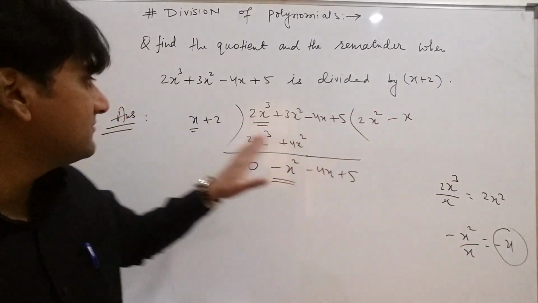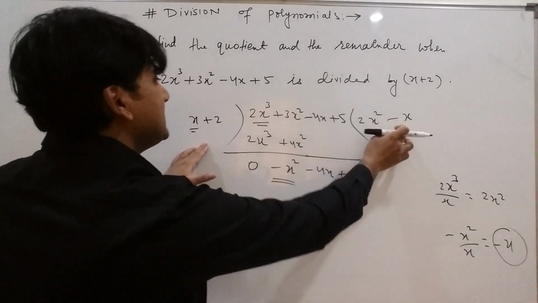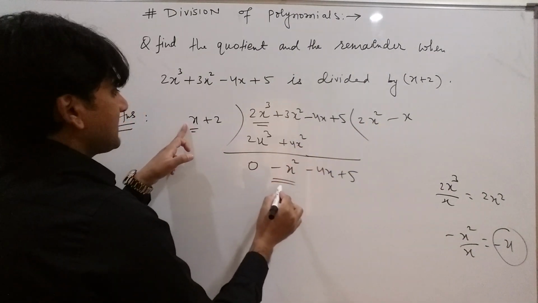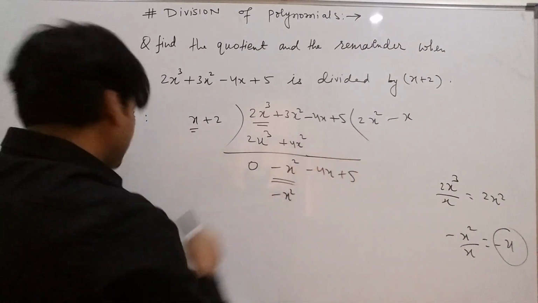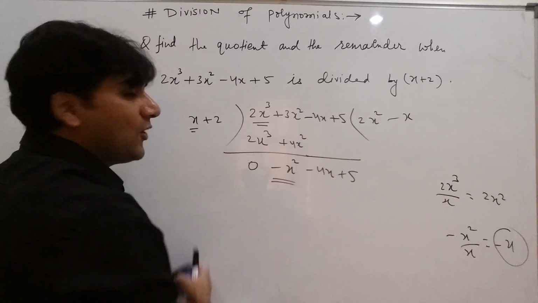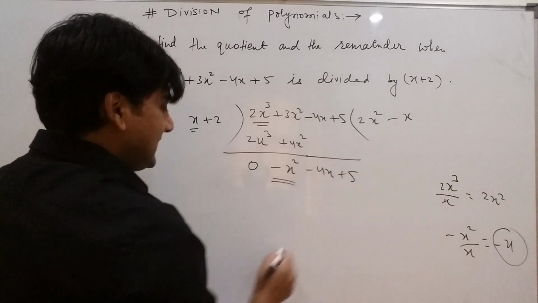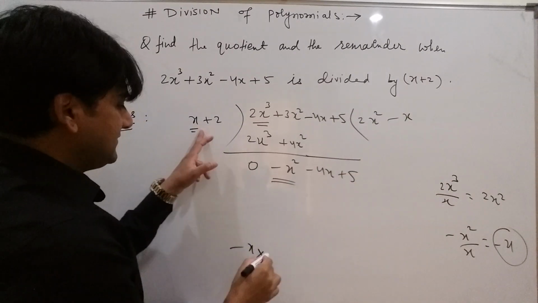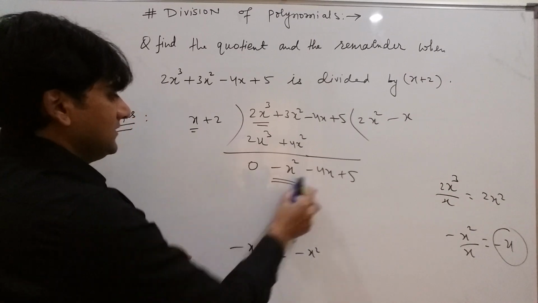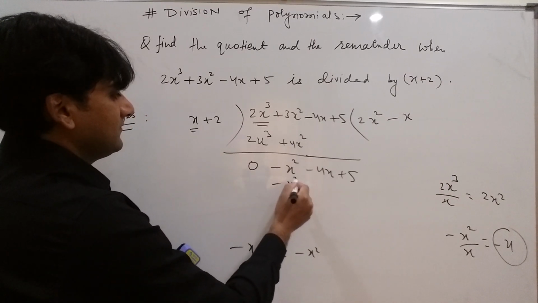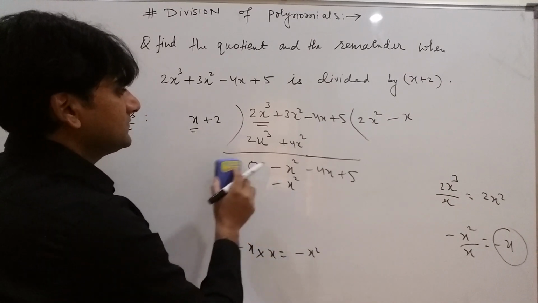This minus x we have to multiply with these two. So minus x times x, minus x squared, minus x times 2. By the way, how did I get this? Minus x times x is minus x squared, that's how I got minus x squared here. Okay.